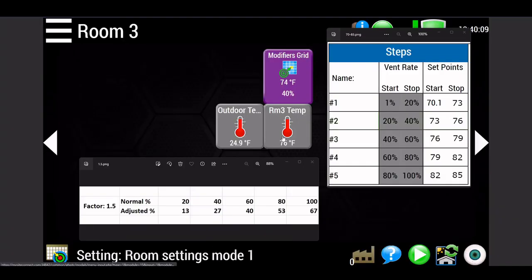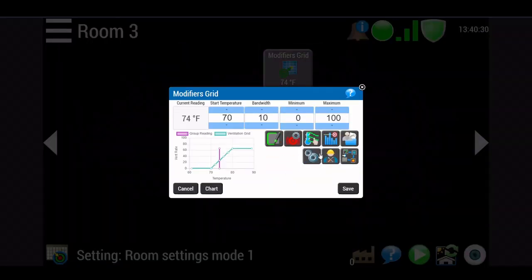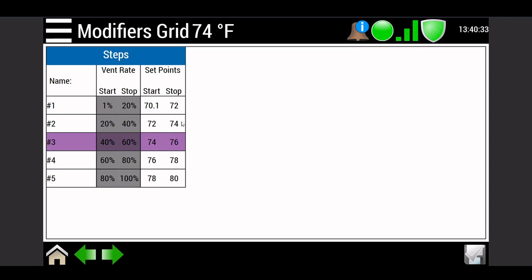All right, so you can see we're at 74 adjusted temperature and 40%. So 76 on our adjusted chart is going to be 40%. So that makes sense.